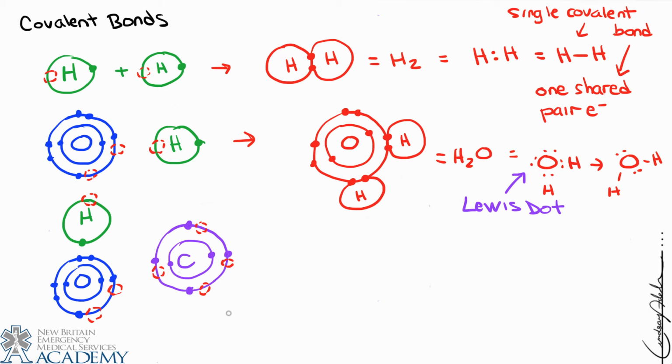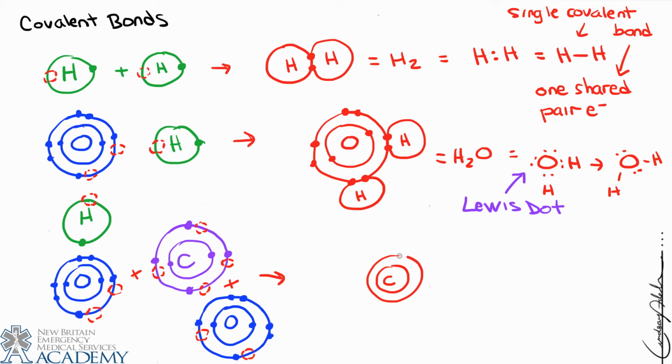So for example, we could take 4 hydrogens and stick 4 hydrogens around that carbon. Or we could take something like oxygen. We could take 2 oxygen molecules, which we've already drawn, and we'll just redraw a second time, and we could make carbon dioxide. So carbon dioxide is the other gas that we exhale, and we're capable of making 2 bonds with each oxygen molecule and the carbon.